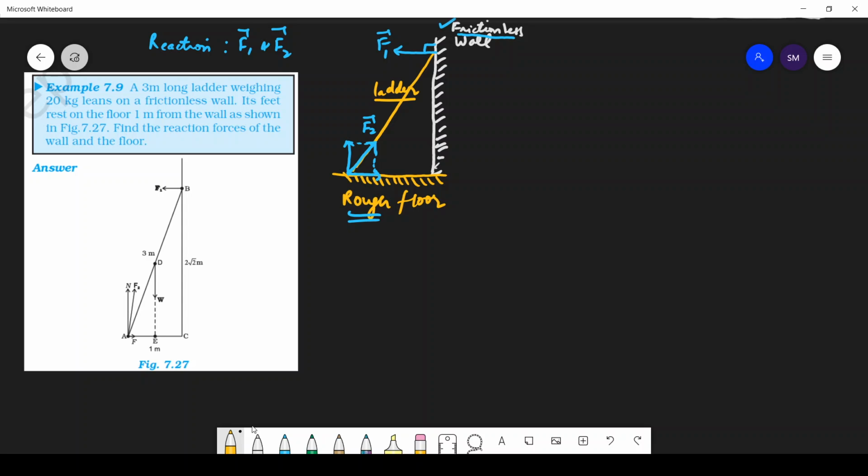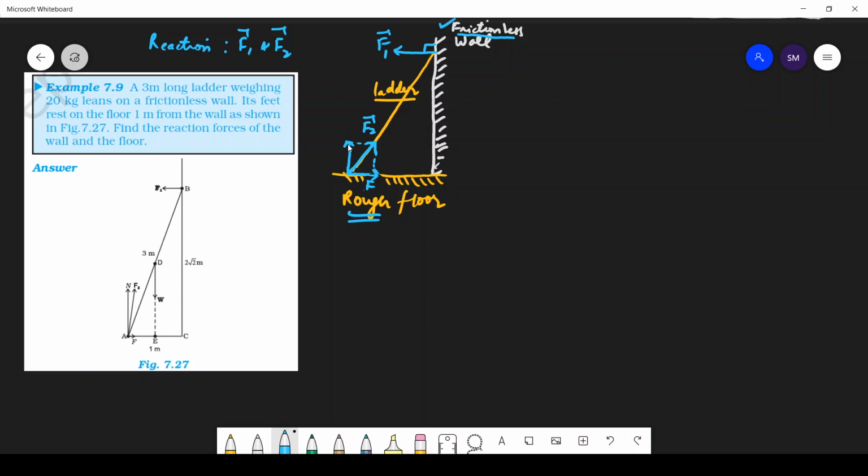So which force is not allowing it to move? This force is your frictional force, in this direction. The component of this reaction force F2 is the frictional force, and it is not allowing this ladder to slide down.